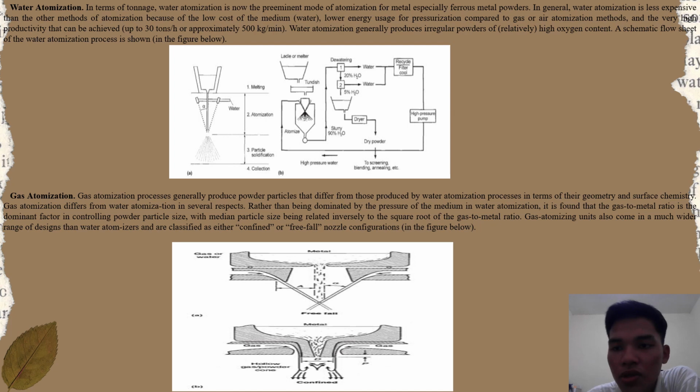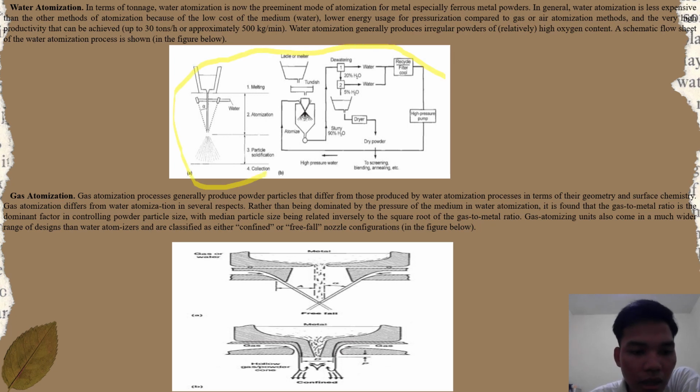In general, water atomization is less expensive than other methods of atomization because of the low cost of the medium of water, lower energy use for pressurization compared to gas atomization methods, and the very high productivity that can be achieved, up to 30 tons per hour or approximately 500 kilograms per minute. Water atomization generally produces irregular powders of relatively high oxygen content. A schematic flow sheet of the water atomization process is shown in the figure below.